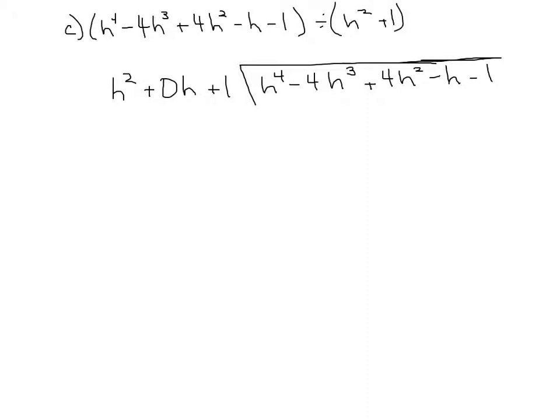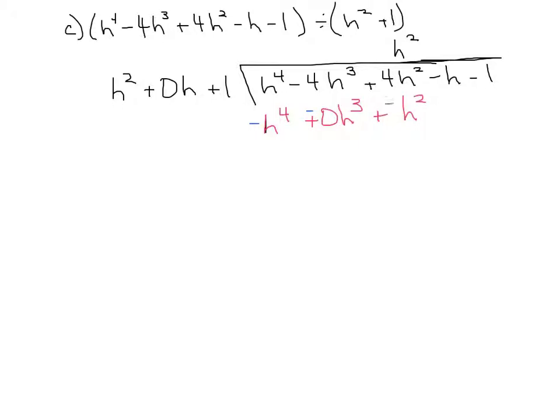Okay, I'm going to work this rather quickly. H squared goes into h to the 4th, h squared times. So we're going to come to the h squared column and write h squared. And then when we multiply h squared by each of the terms, we get h to the 4th plus 0h cubed plus h squared.